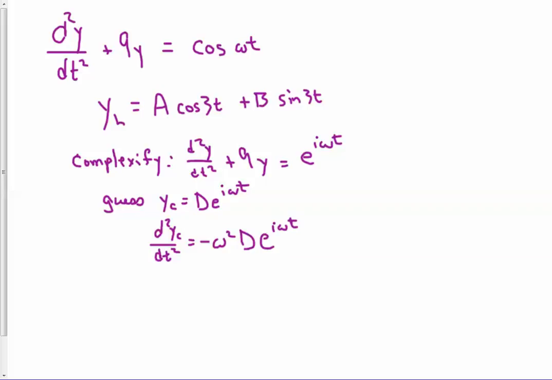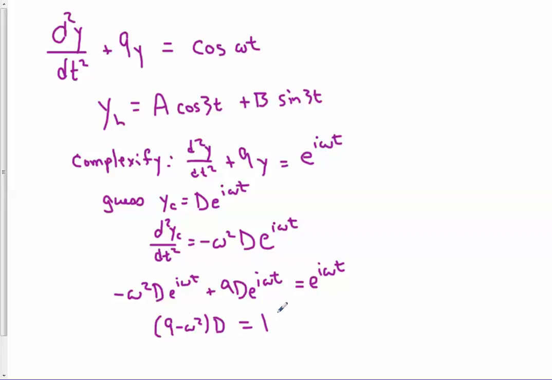The second derivative of that guess gives a negative ω squared. Before, when ω was a 4, that was the 16, but now it'll be ω squared. I plug the guess and the second derivative into the differential equation, setting it equal to the forcing term. And after canceling the exponentials, I end up with this algebra equation, which tells me that D would be 1 over 9 minus ω squared.